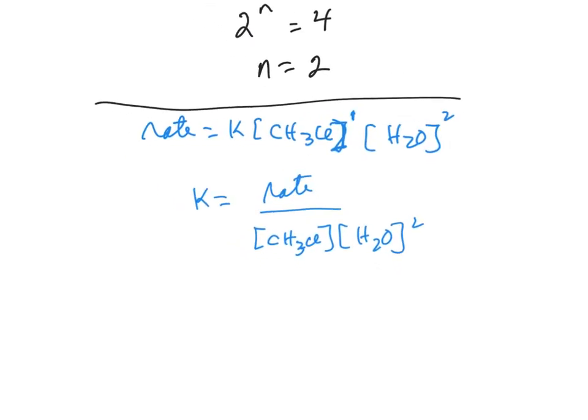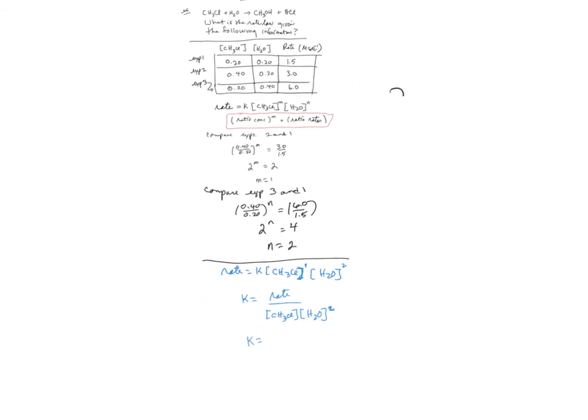And with this, you want to take care of your units as you're going along. The units are part of this whole thing. Now, let me scroll back up to the table just for a second here.